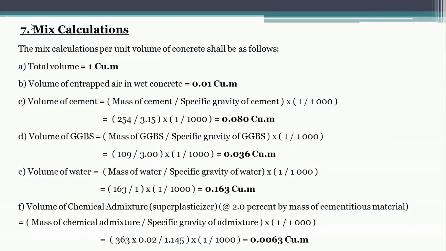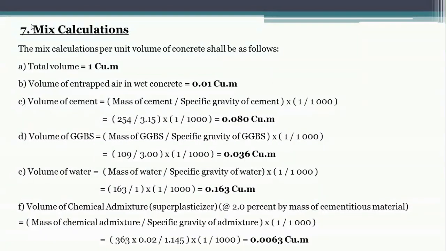Next, volume of GGBS: mass of GGBS divided by specific gravity of GGBS into 1 by 1000. Mass of GGBS we calculated as 109, after deducting 30% from the total cementitious content. So 109 divided by 3, the specific gravity of GGBS, into 1 by 1000, you will get 0.036 cubic meter.